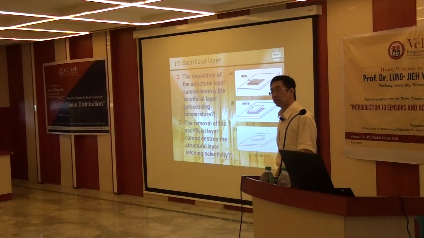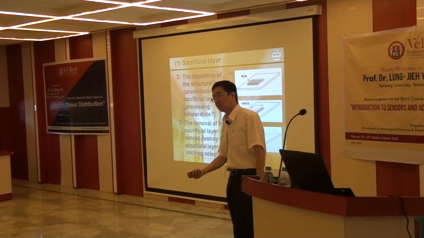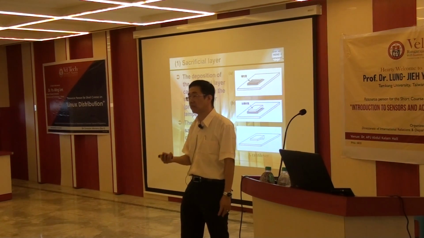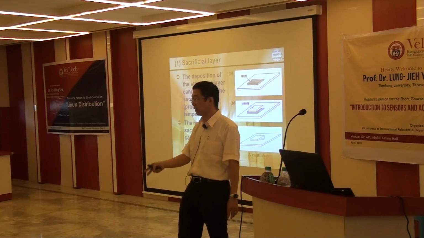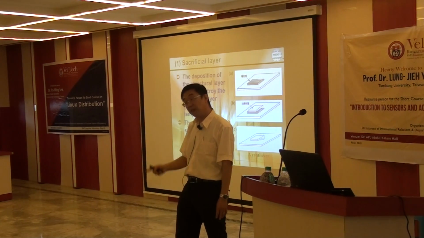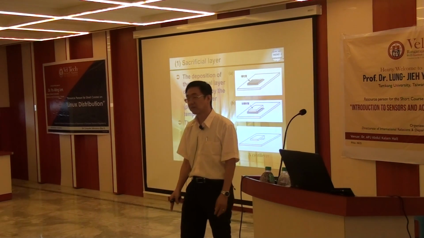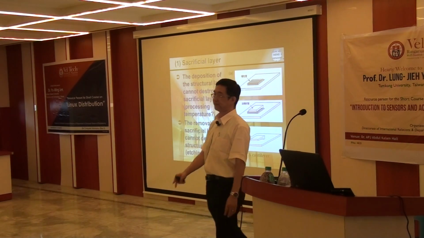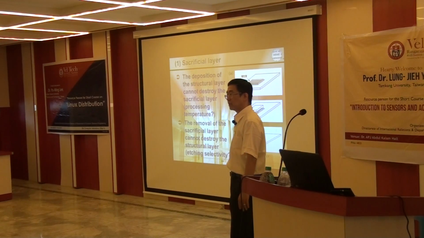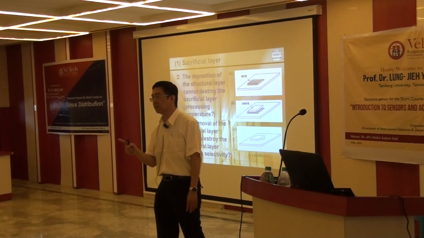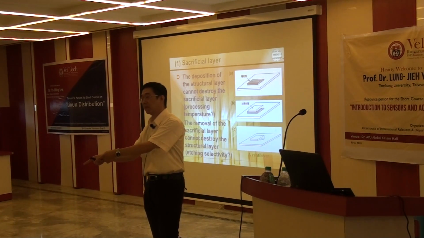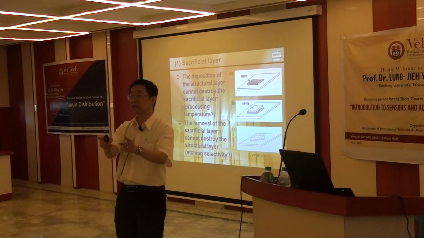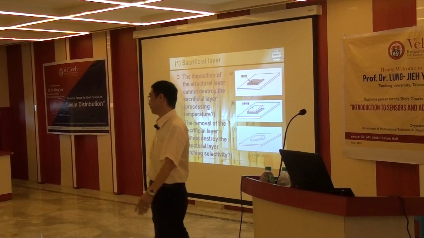That's all. But for the etching, we have the etching selectivity problem. It means that this etchant will attack the sacrificial layer, and it may also attack the structure layer. So you must select a proper etchant solution, only targeting the sacrificial layer, but not attacking the structure layer.